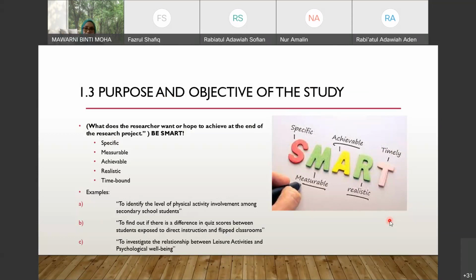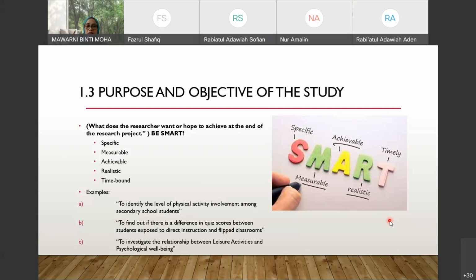When you write your objectives, remember to use a form of action, that means verbs. To investigate, to identify, to discover, to evaluate, and so on and so forth. So that's the objective of the study. So check your objectives, yeah. Just have one at a time.